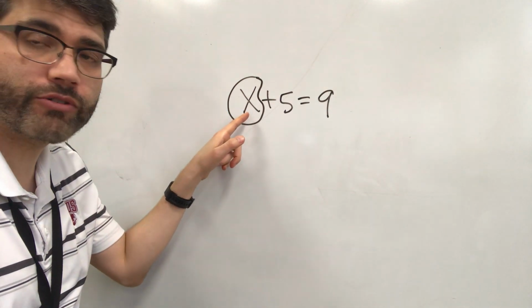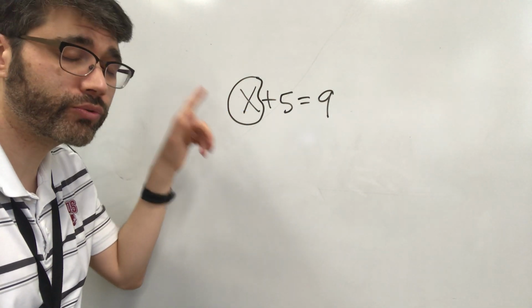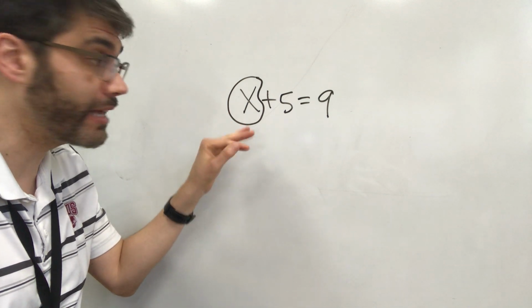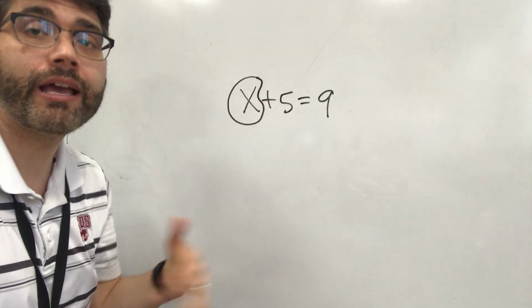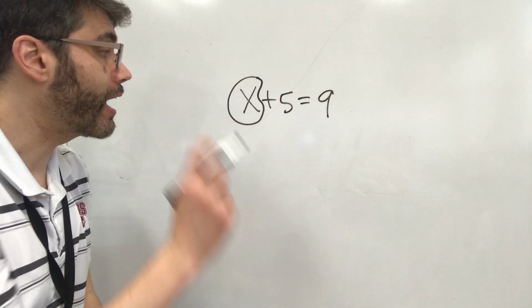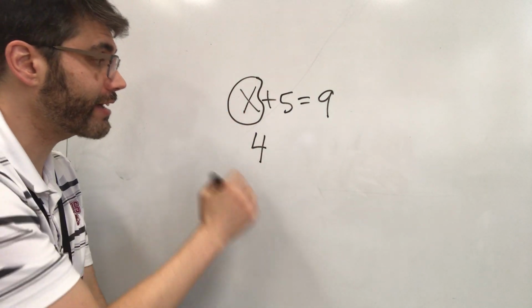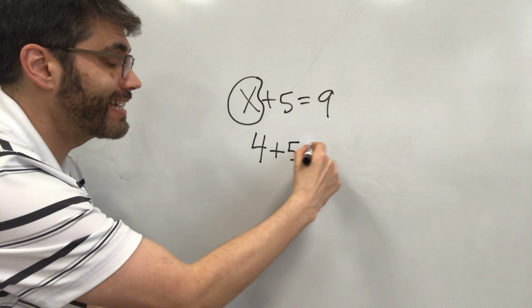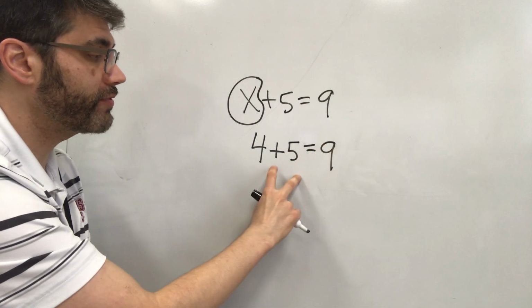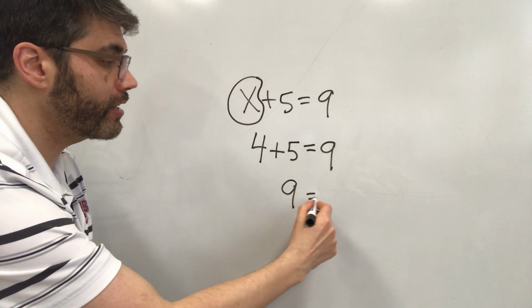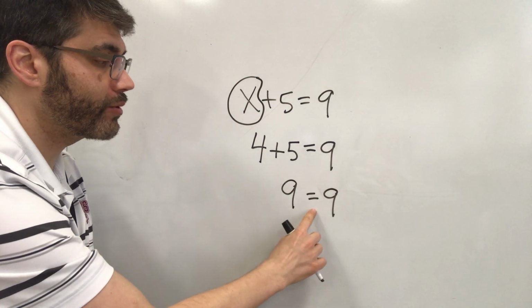So since we now know that the true identity of x in this particular equation happens to be 4, I should be able to plug 4 in for x and create an identity. So 4 plus 5 is 9. Oh, and look, 9 equals 9.